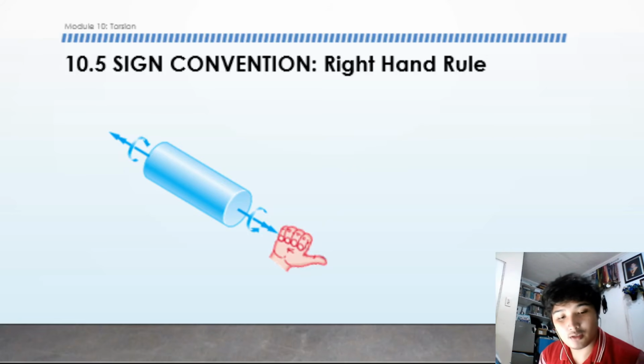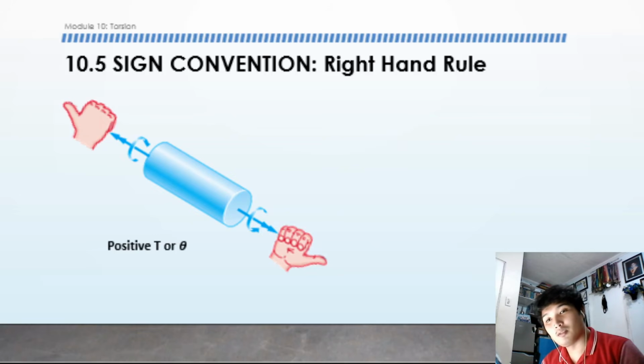So, ano yung magiging itsura, class? Ayan, ganyan naman siya, no? So, still, yung thumb mo is outward doon sa cross-sectional sa likod. So, kapag outward yung thumb mo, therefore, yung effect niya is a positive torque or a positive angle of twist. Okay? Ganun po siya.